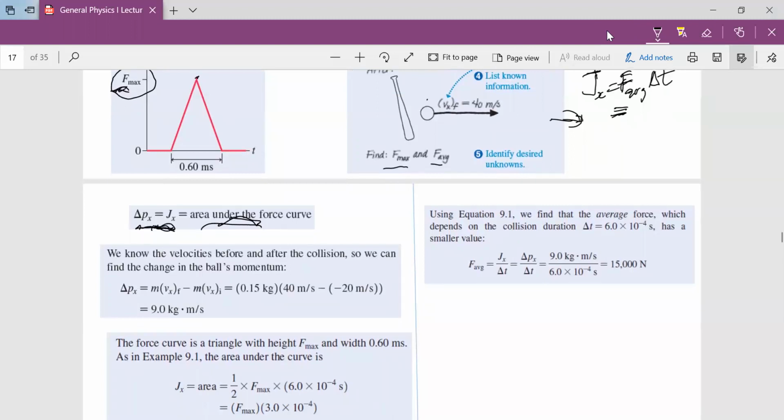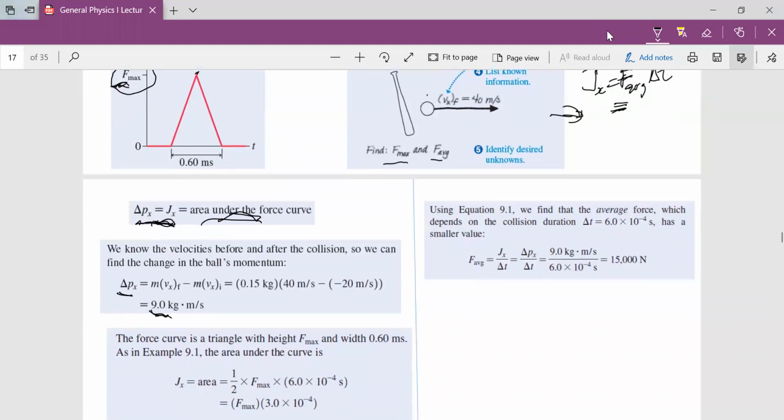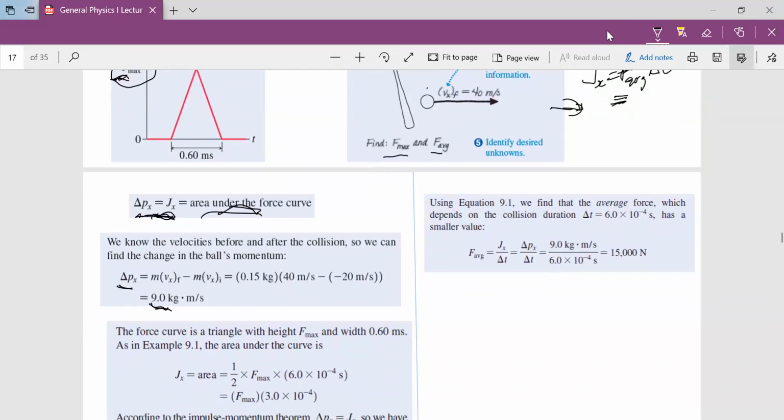So from the information provided, we can actually get the change in momentum. So we'll have the final velocity, which is 40, and the initial velocity, which is minus 20. If we input that into this equation of change in momentum, we'll have the mass times the final velocity minus the initial velocity.